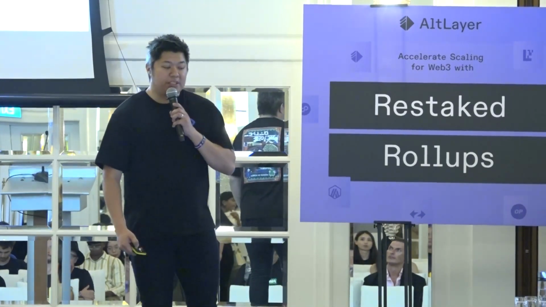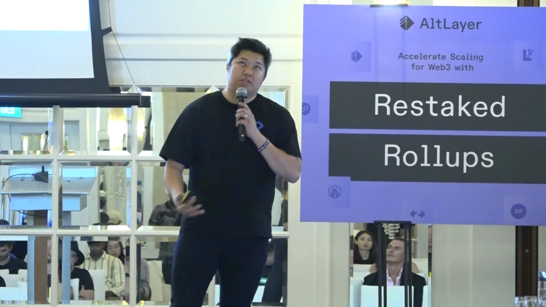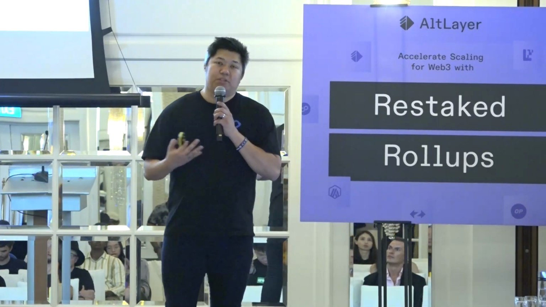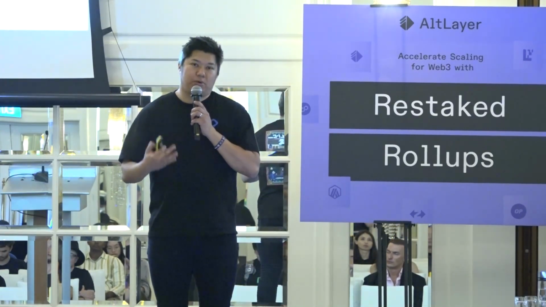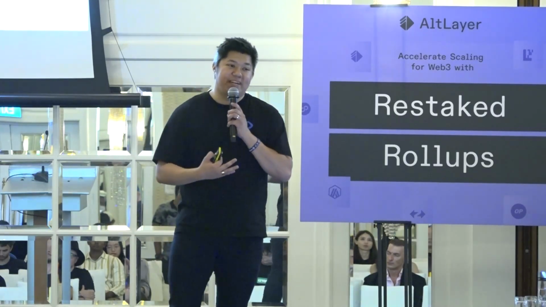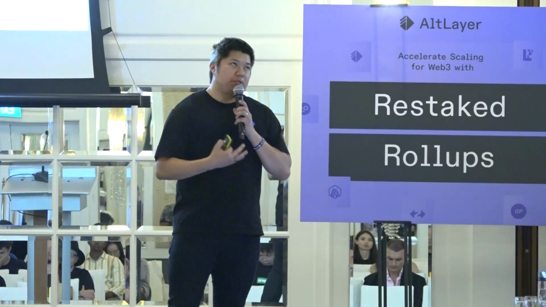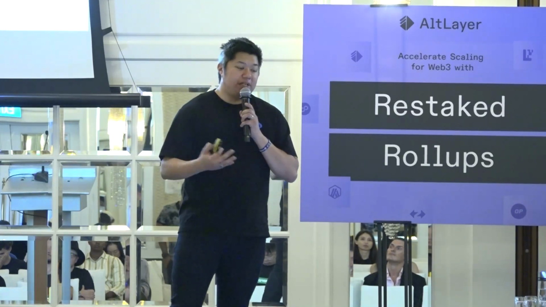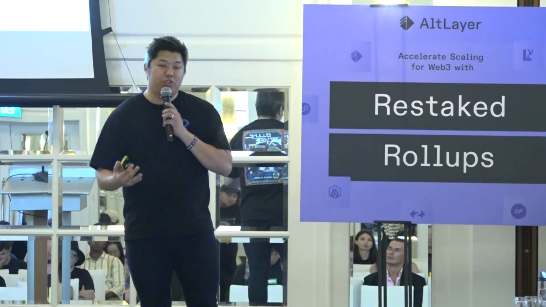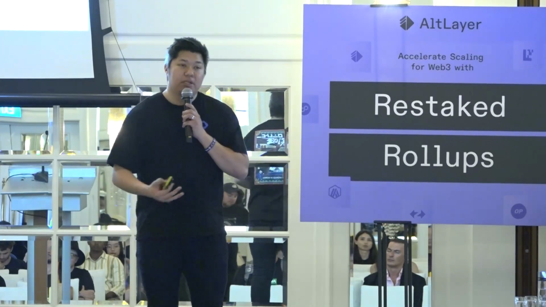So first of all, asynchronous execution. Just as background, Ethereum and most other blockchains have linearly ordered blocks with linearly ordered transactions within a block. And in most blockchains, the consensus and execution components are interleaved with each other.